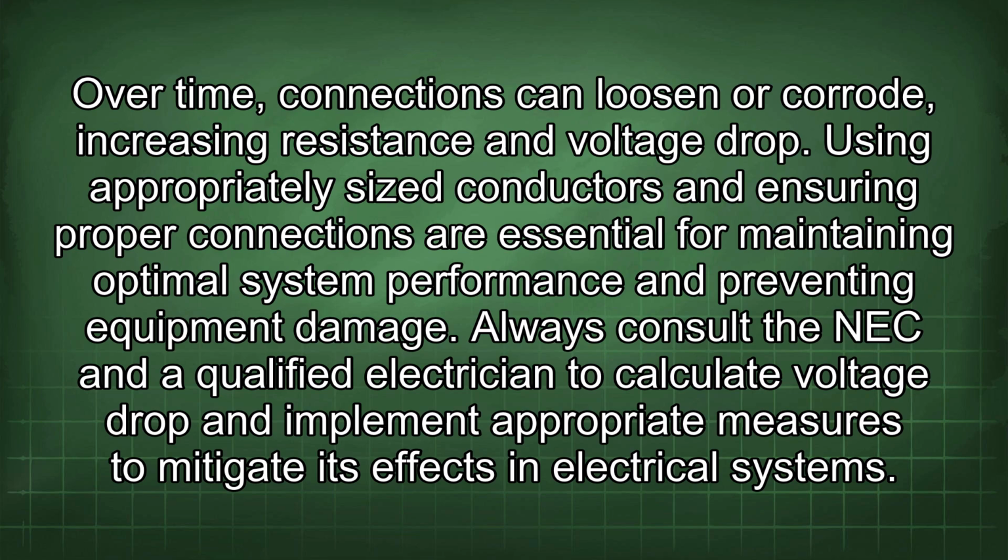Over time, connections can loosen or corrode, increasing resistance and voltage drop. Using appropriately sized conductors and ensuring proper connections are essential for maintaining optimal system performance and preventing equipment damage. Always consult the NEC and a qualified electrician to calculate voltage drop and implement appropriate measures to mitigate its effects in electrical systems.